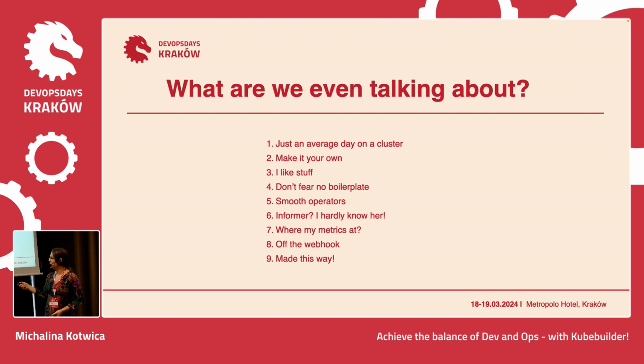Then I will tell you what are the consequences of the fact that I like stuff, whatever that means. Why I don't fear boilerplate no more. And then some stuff about operators, informers, metrics, webhooks, and other very difficult words that are not so difficult in practice, but yeah, just some fancy names. So that's why I use pop song references to make it at least a little bit funnier.